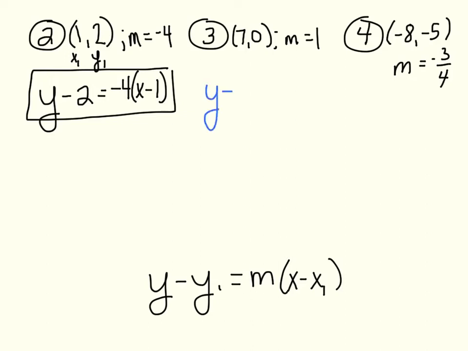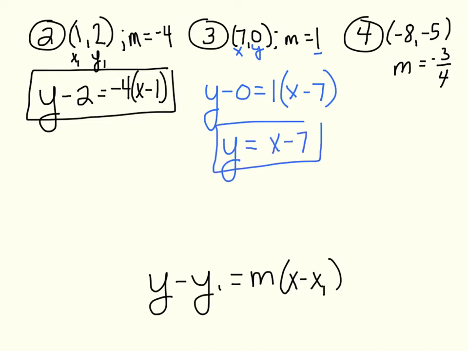The next example. Y minus, what's your y value? It's 0. Equals m, which is 1, times x minus my x value, which is 7. Now we can simplify this. We don't need the 0 and we don't need the 1. So my equation would look like that.